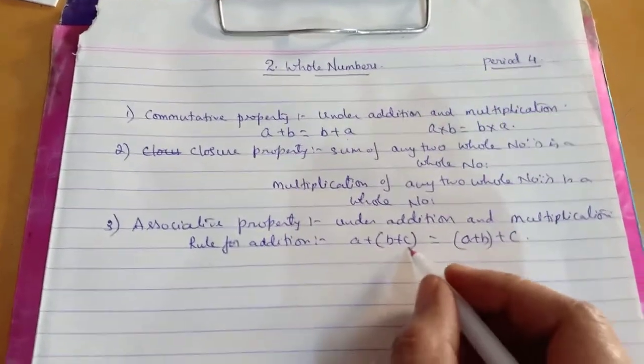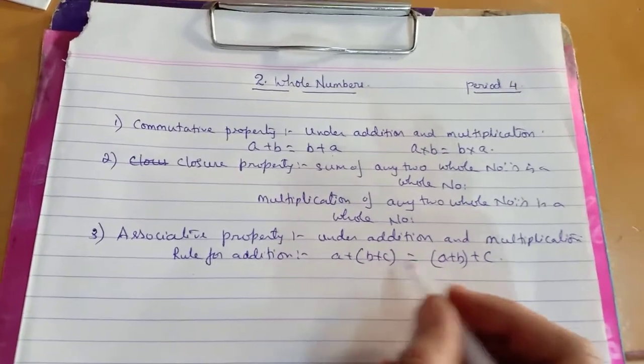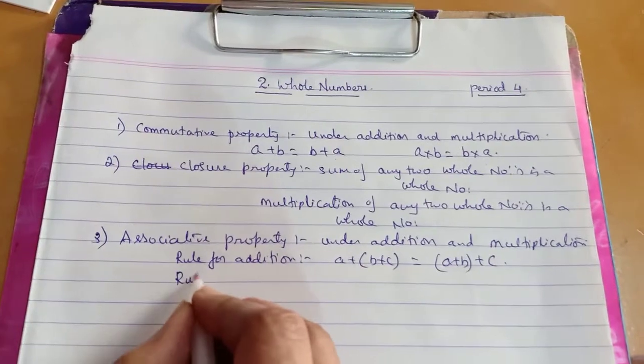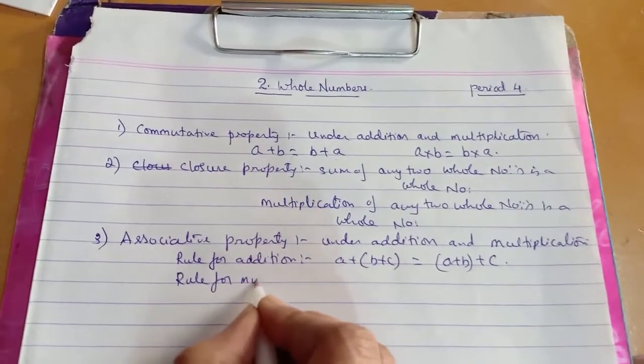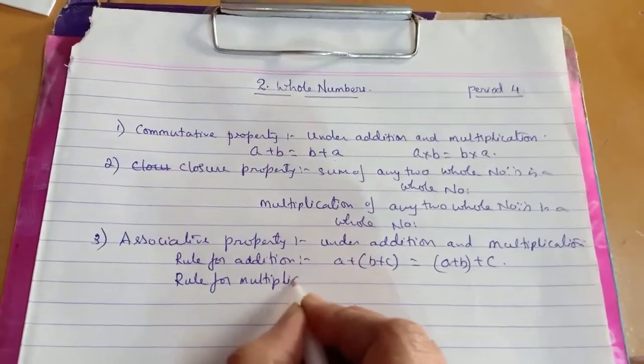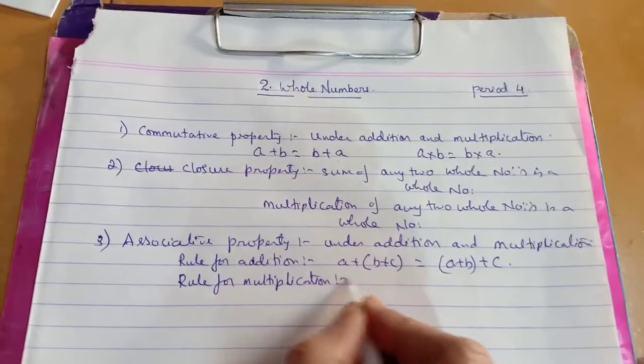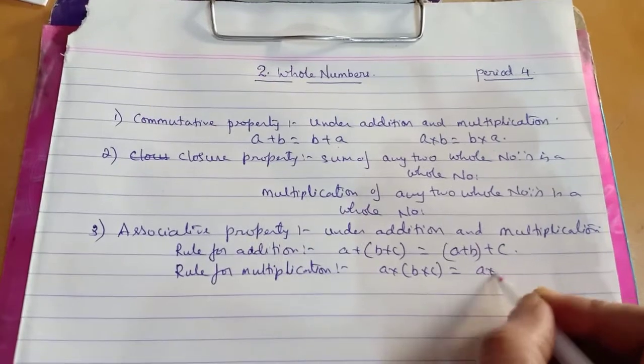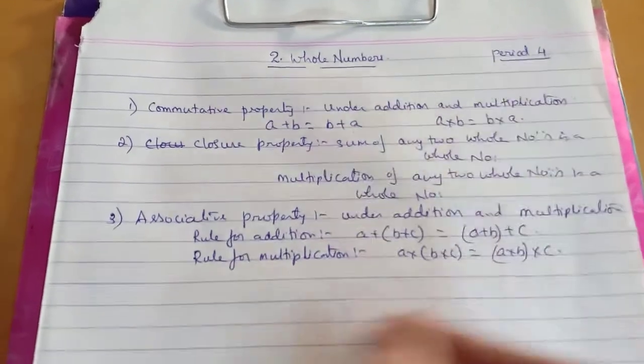That is, we can group the numbers differently so that we can add them and the answers will be equal. The rule for multiplication is a into b into c is equal to a into b into c.